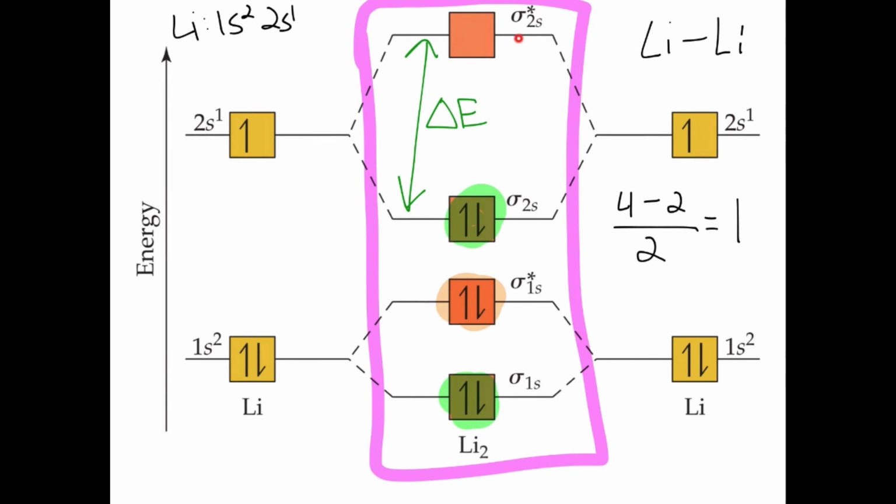Notice that this high energy state is a sigma star 2s orbital. In other words, it's an antibonding molecular orbital. Well, doesn't that mean that if I take an electron out of this sigma 2s and promote it up into this sigma star 2s by virtue of exciting this molecule with, say, a photon, then wouldn't that alter my bond order calculation? Of course it would. I would have one less electron that is bonding, and I would have one more electron that is antibonding.